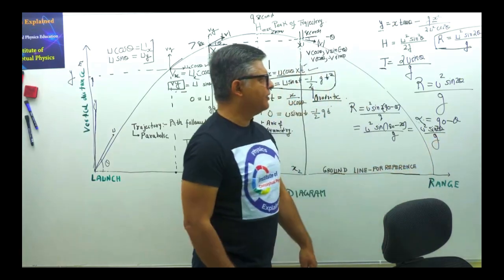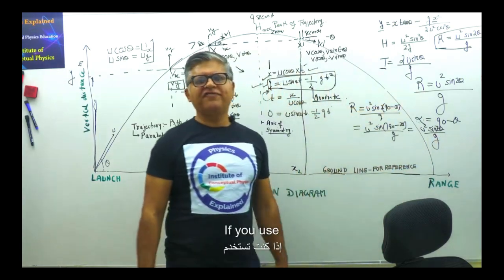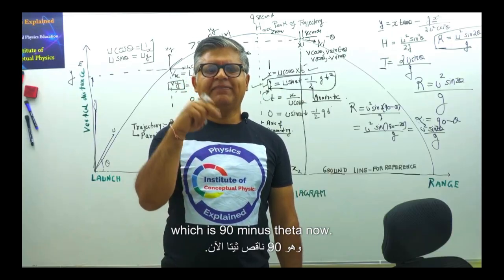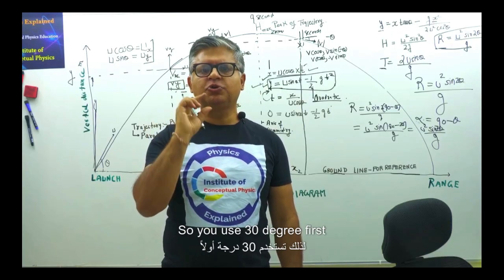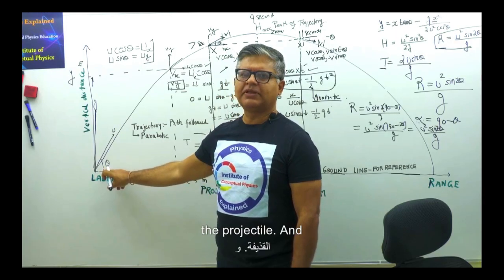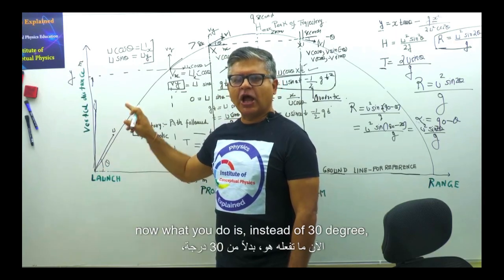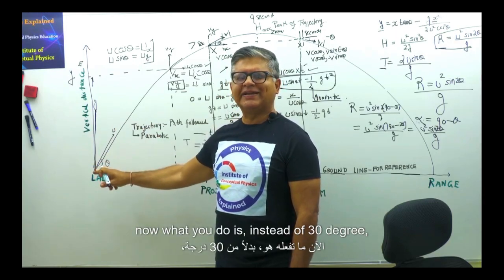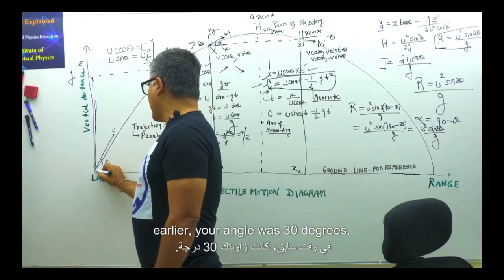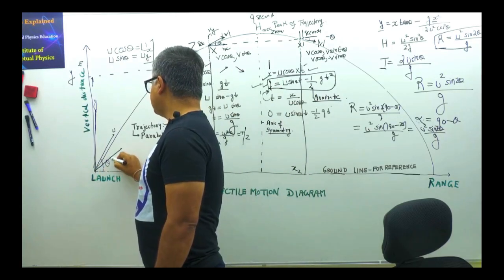Which means you're back. Your range is this. If you use an angle of projection of 90 minus theta, you change the angle. So you use 30 degrees first to launch the projectile. And now instead of 30 degrees, you use 90 minus 30. So earlier your angle was 30 degrees.